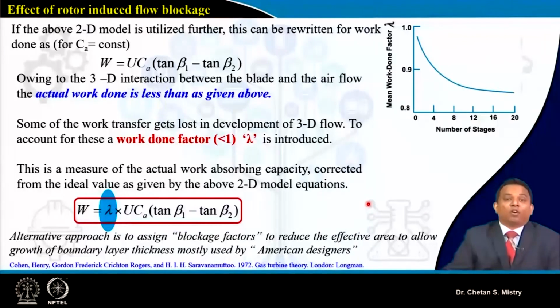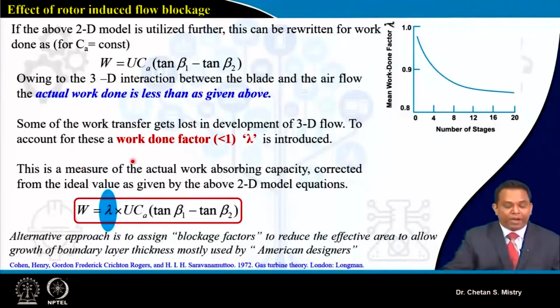Because of the presence of three-dimensionality in the flow, my actual work done will be less than what we are calculating. Some of the work transfer gets lost because of the development of three-dimensional flow, and that is taken care of by introducing a parameter called the work done factor. My work done factor is less than 1.